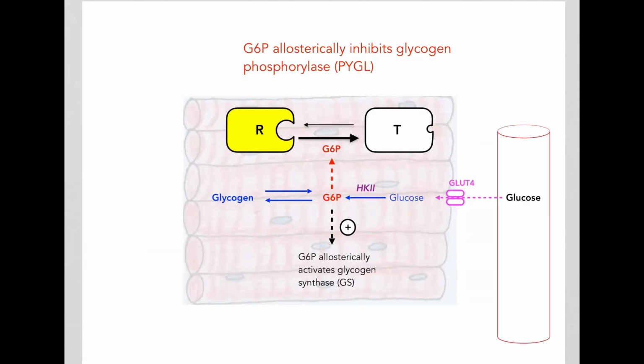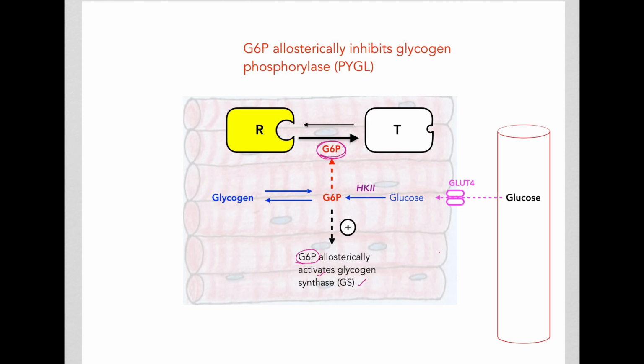In case of the muscle cells, the inhibitor of glycogen phosphorylase is glucose-6-phosphate. Glucose-6-phosphate is a very powerful inhibitor of glycogen phosphorylase. Remember, glucose-6-phosphate activates glycogen synthase. However, it's an inhibitor for glycogen phosphorylase.